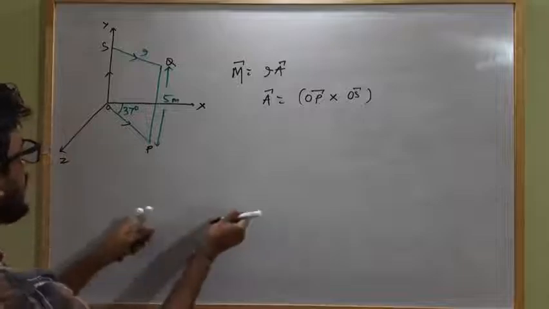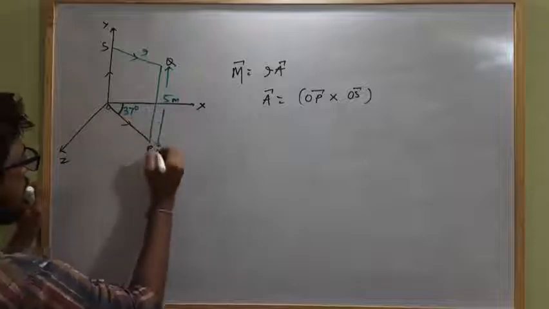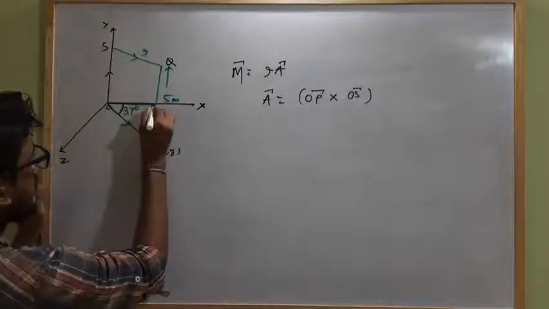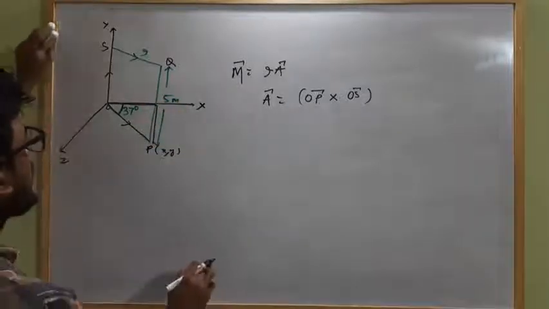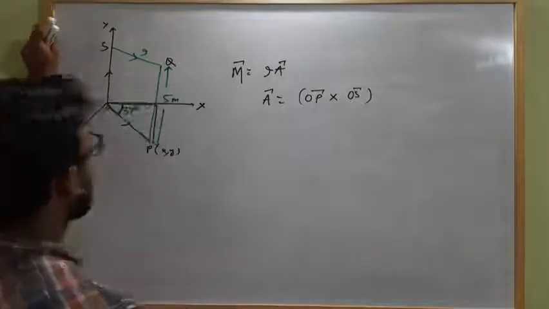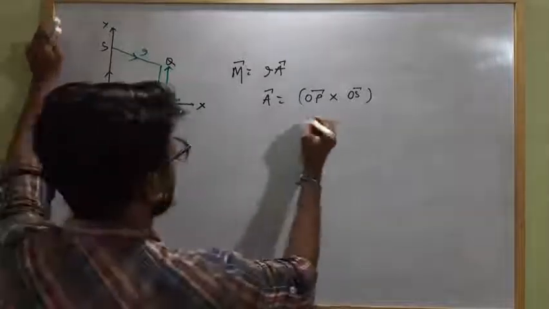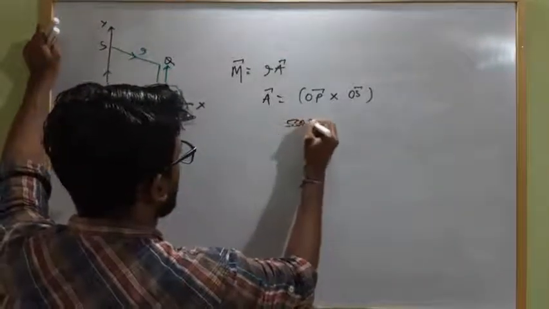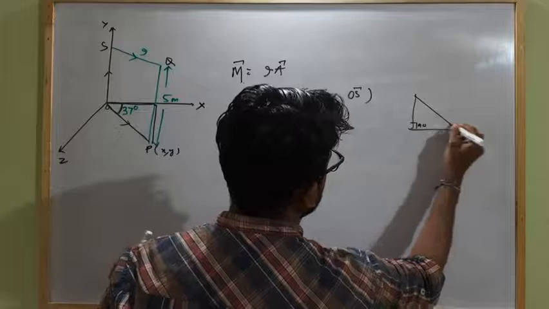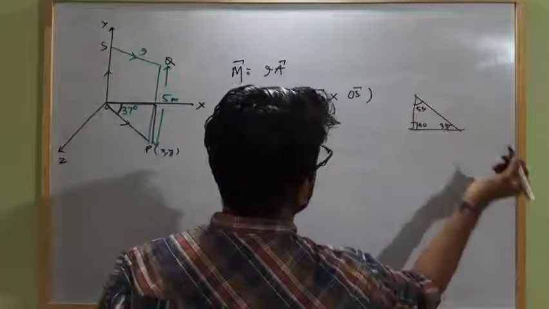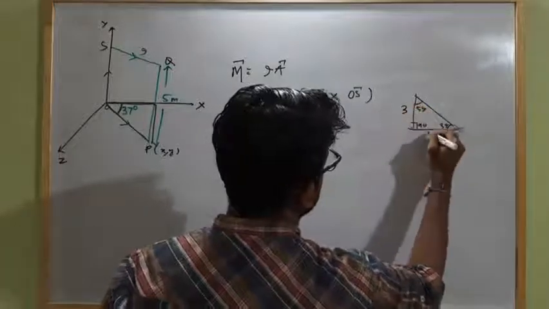So what is OP vector? As this side is 5, this length will also be 5. This is 37 degrees, so this will be the X coordinate and this will be the Y coordinate. The X coordinate will be 5 cos 37. In the triangle, this is 90 degrees, this is 37, this is 53, so the sides are 3, 4, 5.